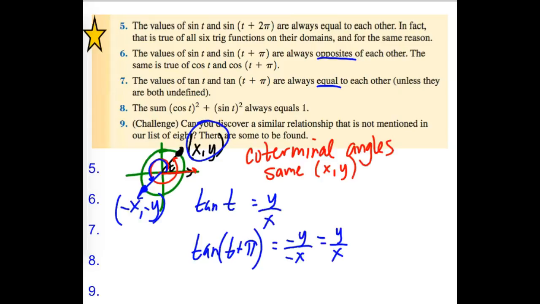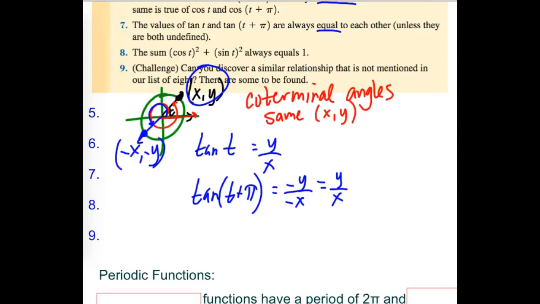So for sine and cosine, we would say the period of it is 2 pi, because I have to spin a full rotation to get back to having that same x and y coordinate. But for tangent, I can spin just a half a rotation and still end up with the same tangent values. So the period for tangent is only pi. We'll talk more about that.